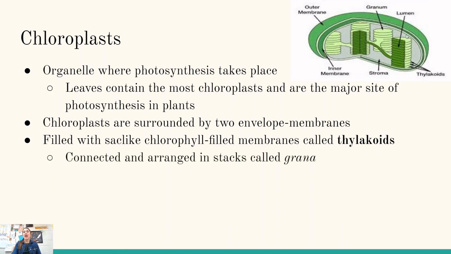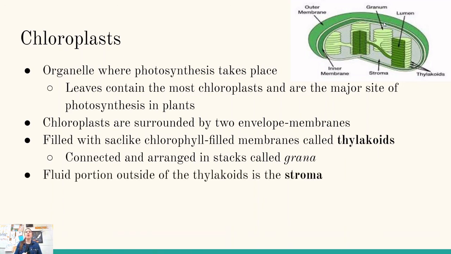And then those stacks of thylakoids, we stack them up and they're connected, and that whole stack is a granum, so plural, these are grana. So the granum is a stack of thylakoids. All these grana are surrounded by a fluid that we call the stroma.